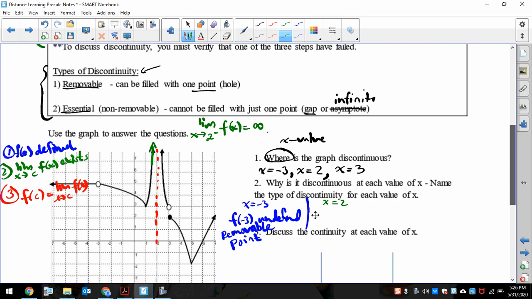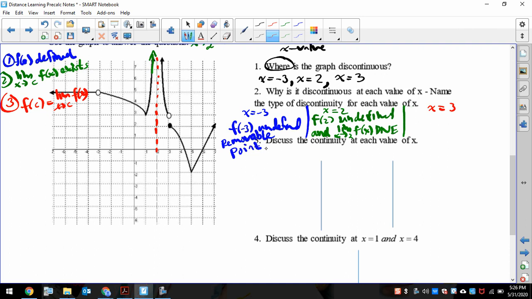So we'll say f of 2 is undefined. It's on a vertical asymptote. And we could even go further and say the limit as x goes to 2 of our function is DNE. So it really fails.